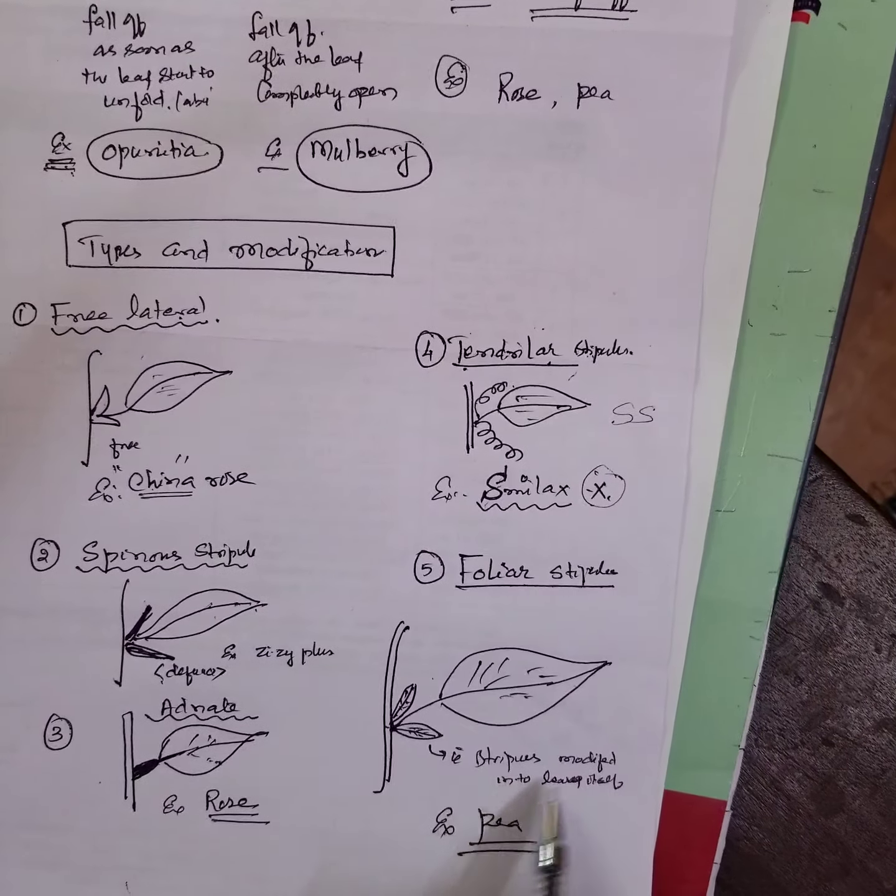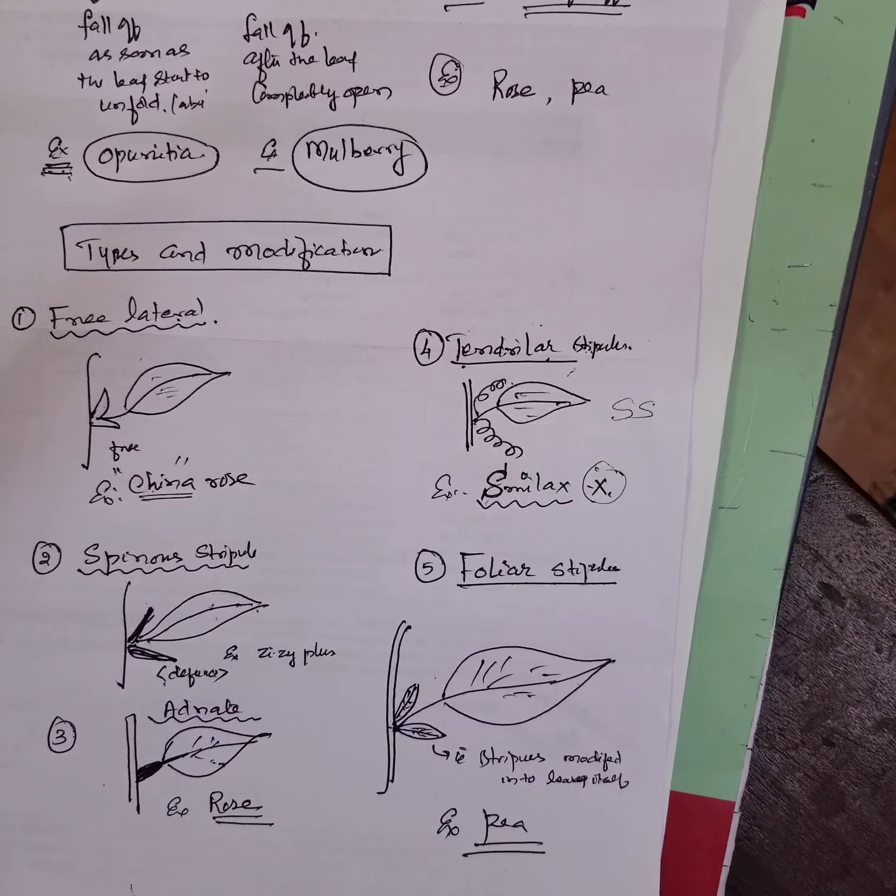Stipule modified into leaf itself. Example, pea plants.